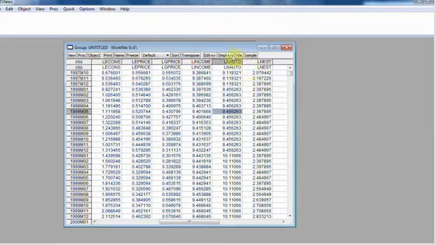Now before we run this test, I would suggest you check for unit roots. The ARDL approach is flexible, so you can use I0 and I1 variables as well, but I'm sort of cautious about I2 variables.